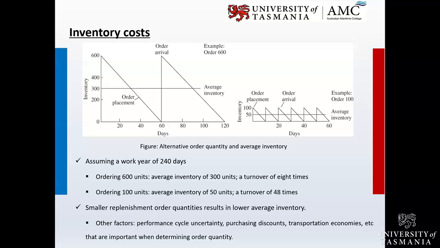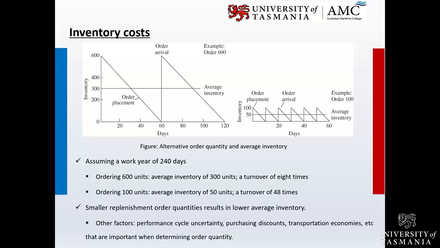So every year the company has to make four orders, and for each order the size is 600 units. So the total sales will be 600 times 4, which is 2400.